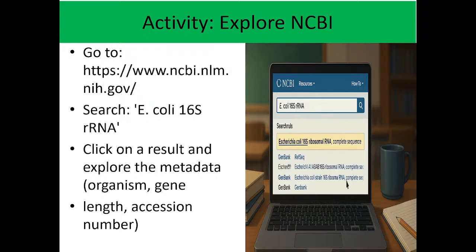And when you get to NCBI, just type E. coli, or any microorganism that you are looking for information about. Either you type E. coli or you type the organism you are looking for. And don't forget that the information you are looking for has to do with 16S ribosomal RNA.